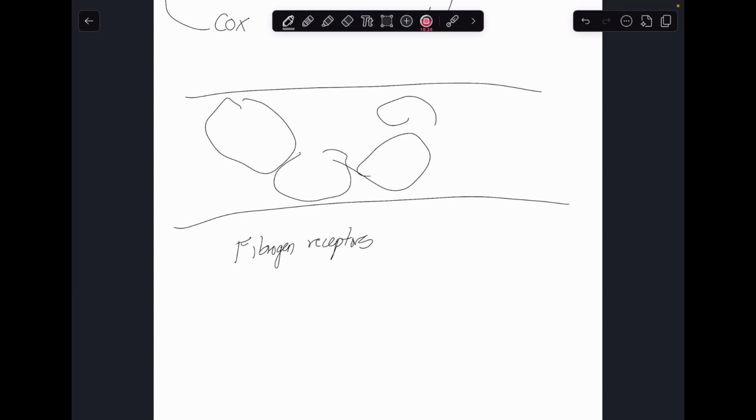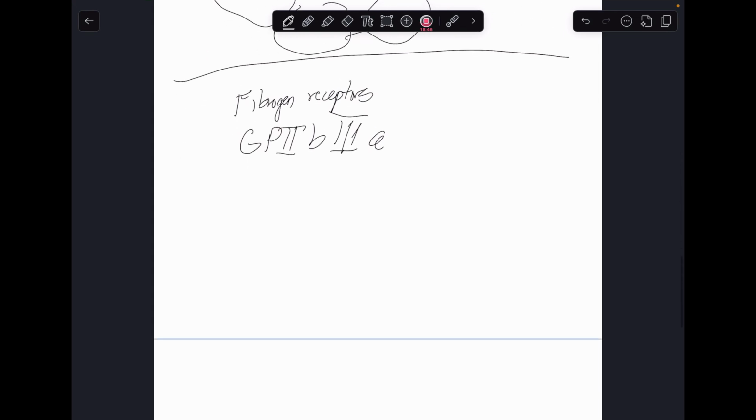One we talked about in class was GP2B and 3A. Fibrinogen will stick the receptors together, bonding two platelets together. So we have a receptor right there, a receptor right here, and what that all does is create what we call a platelet plug.